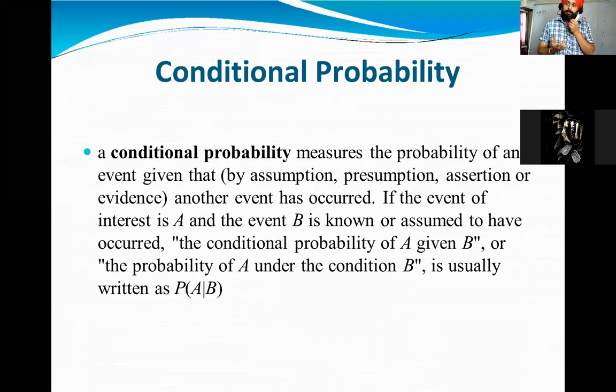Conditional probability is the measure of the probability of an event given that, or assuming that, another event has already occurred.